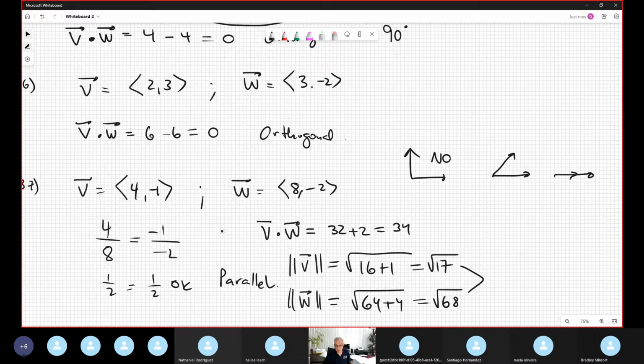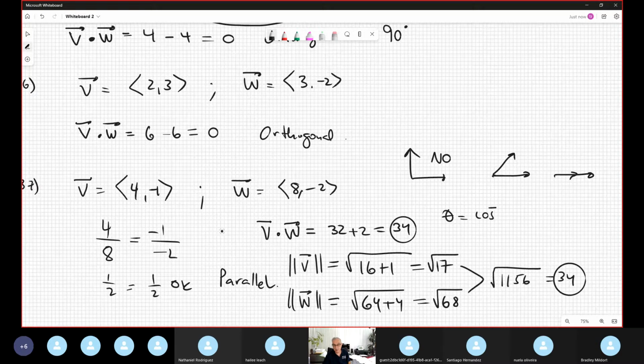I get 1156. And the square root of this is, let me try. Oh, unbelievable. It's 34. So that's a coincidence, 34 and 34. And you put in the formula cosine inverse, 34 divided by 34, which is obviously 1. And what is the cosine inverse of 1? It's 0 degrees. Parallel. But this is a super easy way.